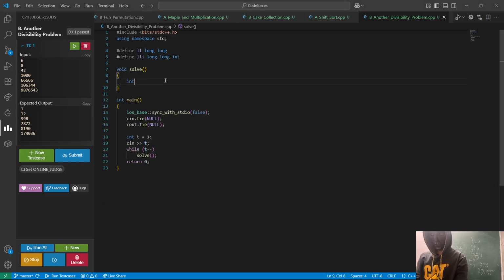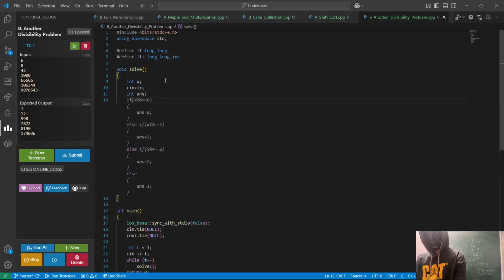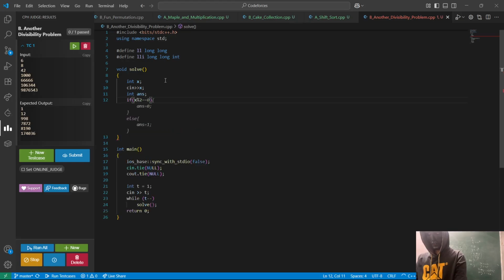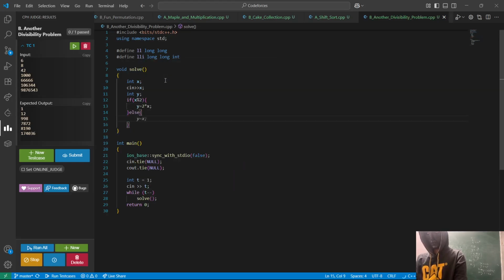So let's take int x, let's take its value, and we need to find the answer. So the answer initially will be nothing. We'll check if x modulo 2, which means it is an odd number, as we saw, then y, because in the question they have said y, so let's take y only, will be 2 times x. Else if it is an even number, as we saw, y will be x by 2. At the end we'll have to output this y.